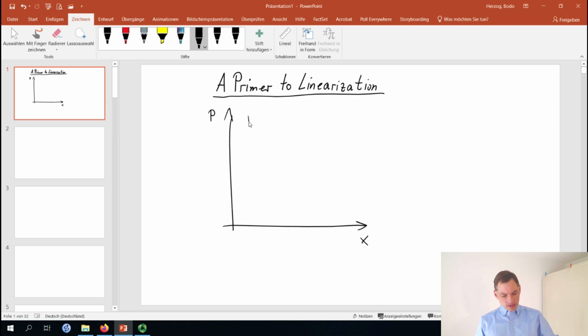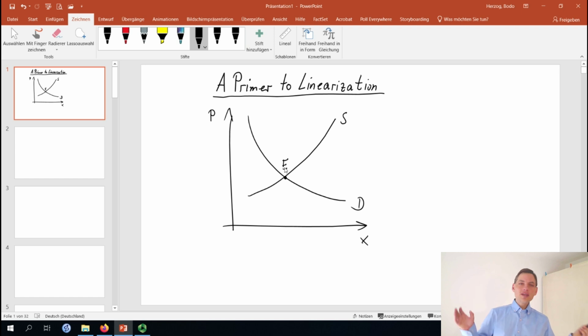The curves are downward sloping, which could be a demand curve, and we have an upward sloping curve, which could be a supply curve, and then we have an equilibrium point. And look, these curves are nonlinear. The demand curve could be a 1 over x curve, and the supply curve could be an x squared curve. So in order to study the equilibrium point, we have to calculate the intersection.